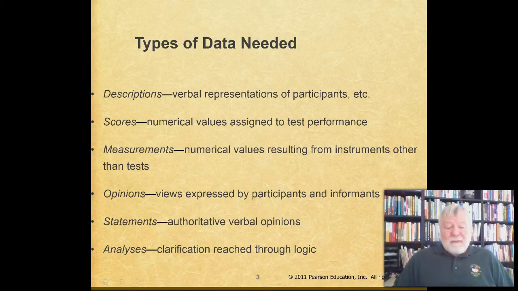And last but not least, sometimes we conduct analysis of information that is available to us in order to arrive at clarification.